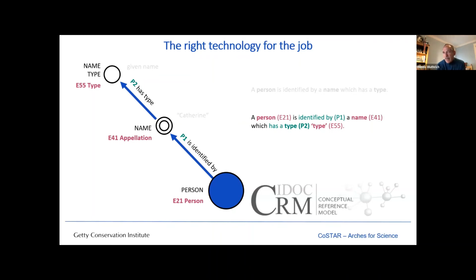Catherine's been talking about Arches for Science specifically as a tool to help conservation scientists manage their data. You have to have an account to even make any data entry possible in Arches. So you interact with the system based on the permissions that your account has been granted. Arches supports quite a granular level of data security.